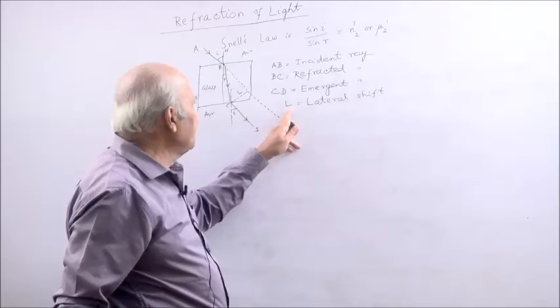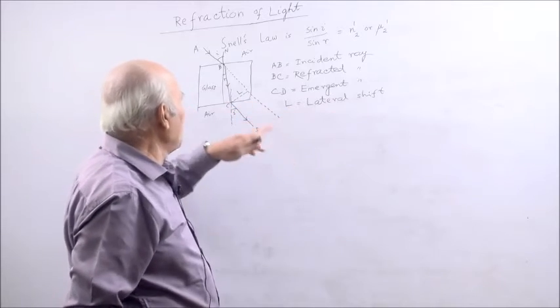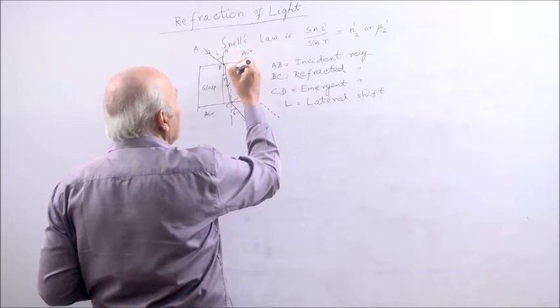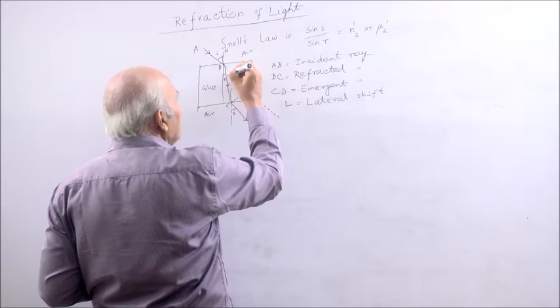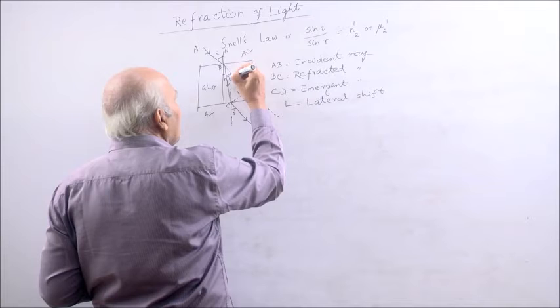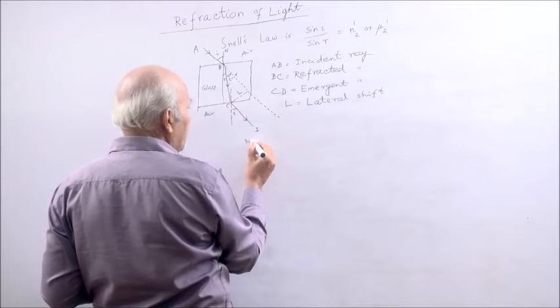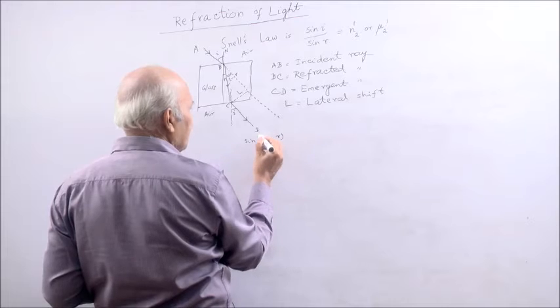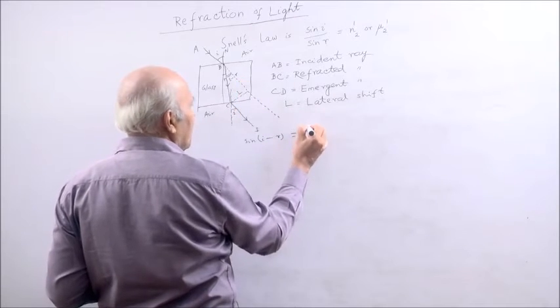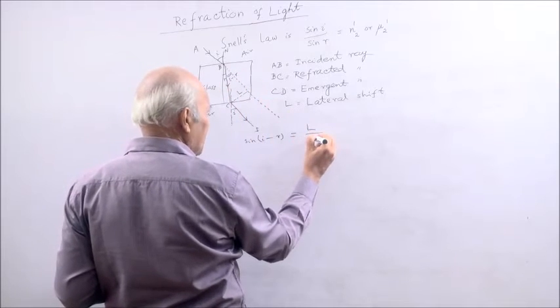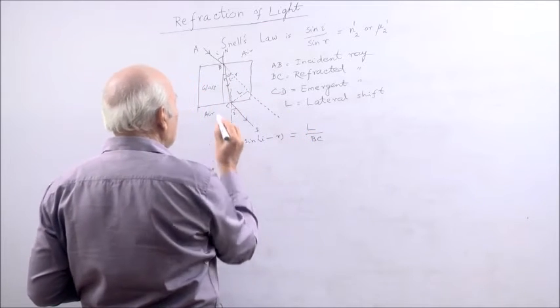And this lateral shift can have an expression also. From this one you can see that this is angle i, so the opposite angle is also i, therefore this part is i minus r. So if you find sin(i minus r), it is how much? It is L by BC.